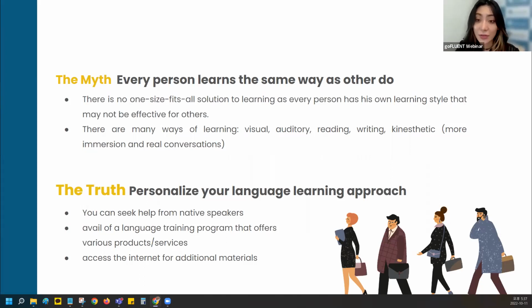There are four types of learning styles: visual, auditory, reading and writing, and kinesthetic and tactile. Each has its own traits that may work for you or may not, but having one learning style doesn't cancel out the other ones. So hearing, seeing, and experiencing are all equally essential to studying. So the truth is, by personalizing your methods to your learning needs and preferences, learning is more effective. You can seek help from native speakers available in our language training program that offers various products, services, and internet access for additional materials.